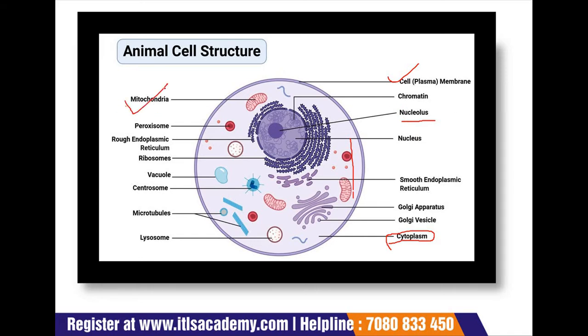Prokaryotic cells do not have a defined nucleus. Instead, a region of the cytoplasm called the nucleoid holds the genetic material. They also lack membrane-bound organelles.